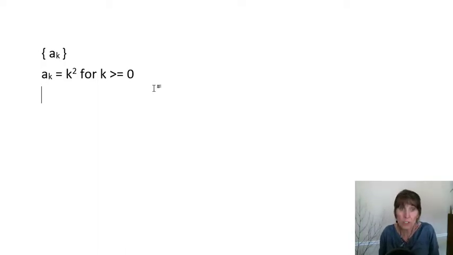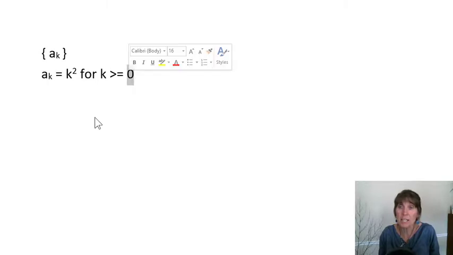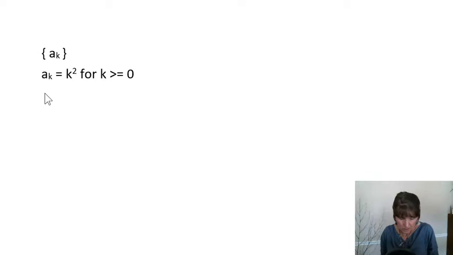So what would the first term be? Well, we know that it's going to start with the index 0. And so A of 0 is equal to, we put the K in there, which is the index, so 0 squared. What's 0 times 0? That's 0. So that's the initial term in this sequence.